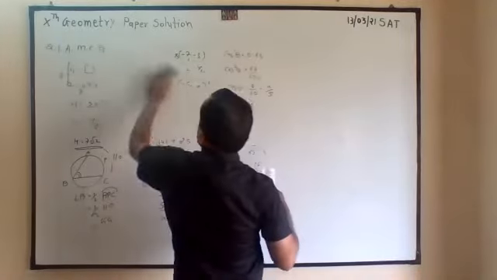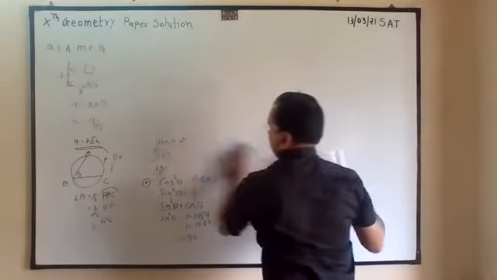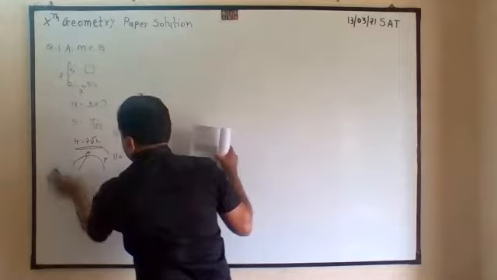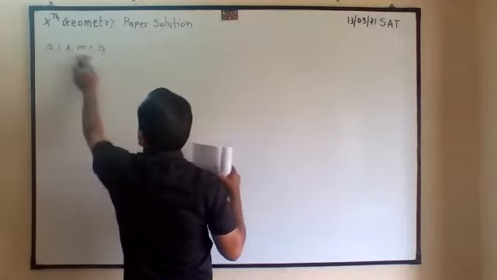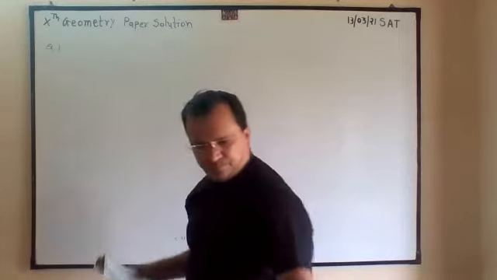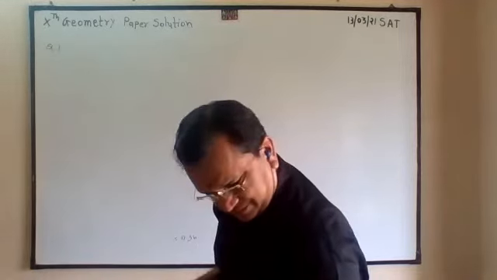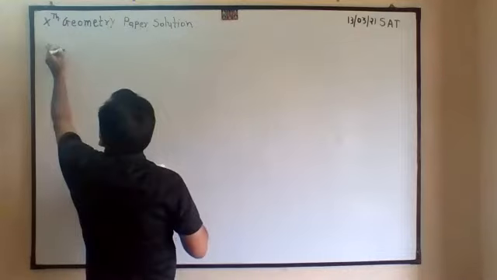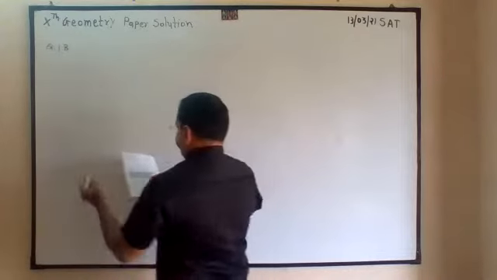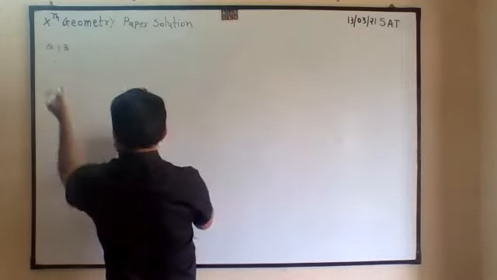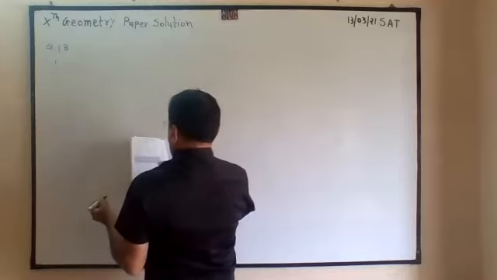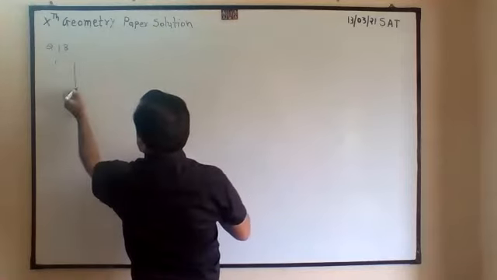Now question number 1B, short questions of 1 mark. In triangle PQR, angle Q is 90.